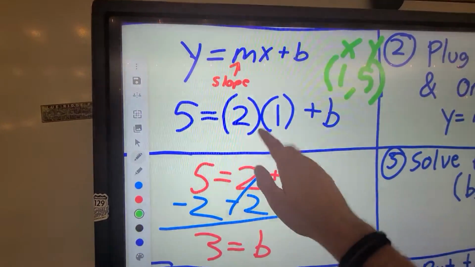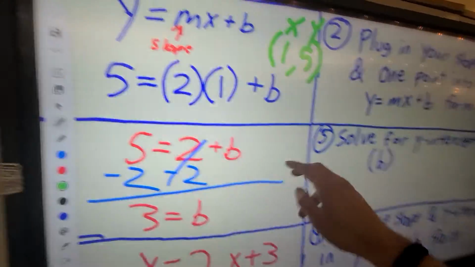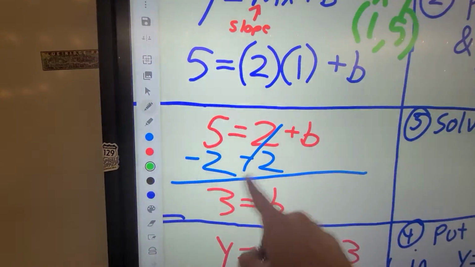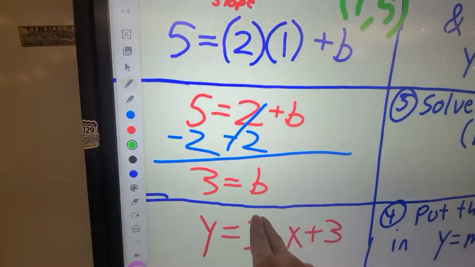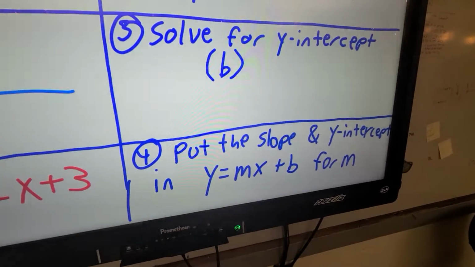When I'm plugging this in, that 5 goes here for the y, that 1 goes here for the x. Then I solve, trying to find the letter b, which is my y-intercept. We do 2 times 1, we subtract 2 from both sides, and we get 3 equals b. The final step is we have to put this in slope-intercept form.